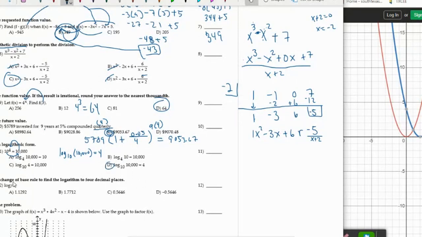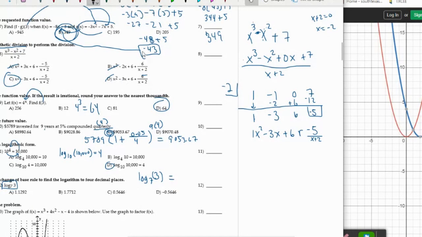Use the change of base rule to find the logarithm to four decimals. We could actually type this in the calculator, however they want us to use the log base rule. So that log base rule, if you guys remember, I'm going to rewrite this.